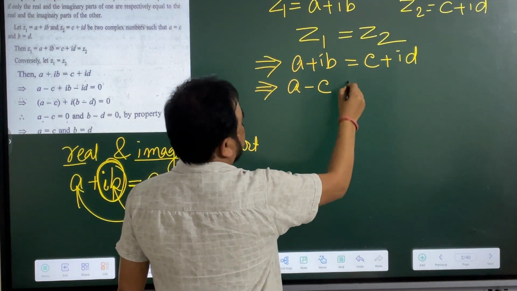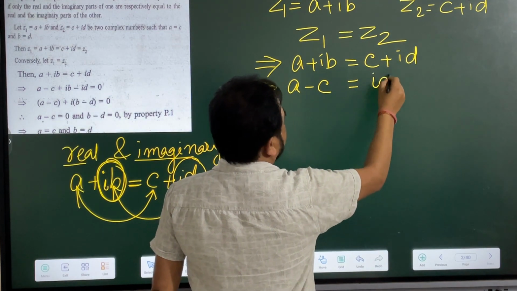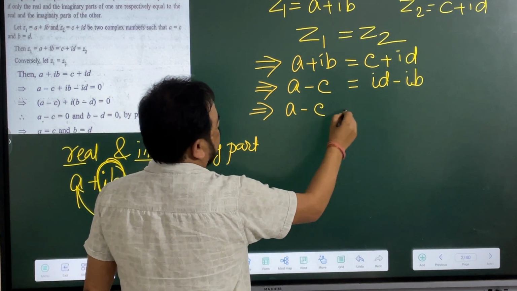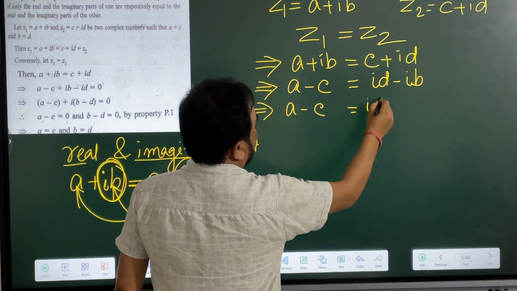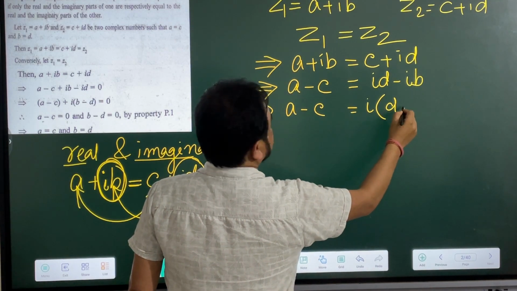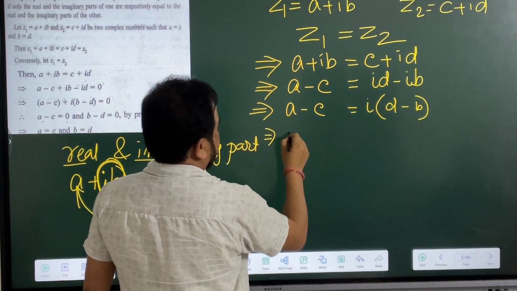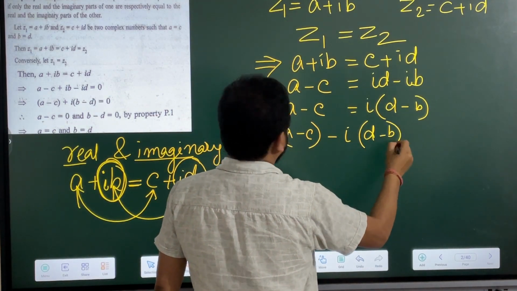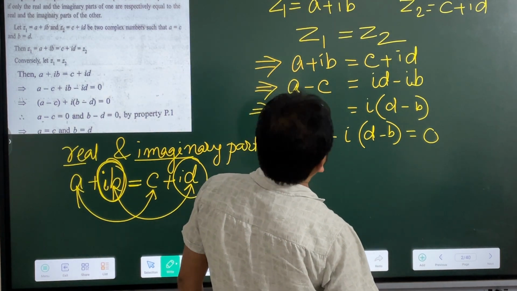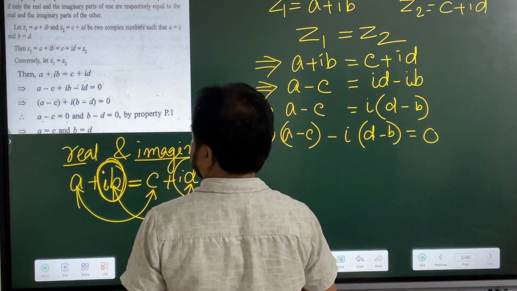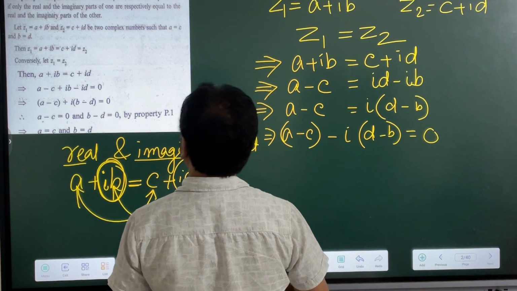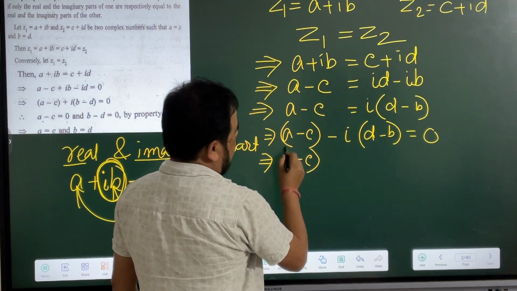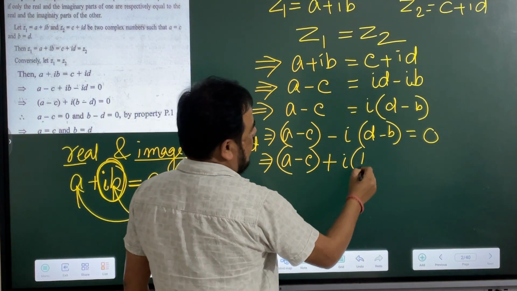A minus c equals id minus ib. A minus c equals i into d minus b. A minus c minus i into d minus b equals 0. Sorry, I think there is a mistake, b minus d. Okay, a minus c plus i into b minus d.